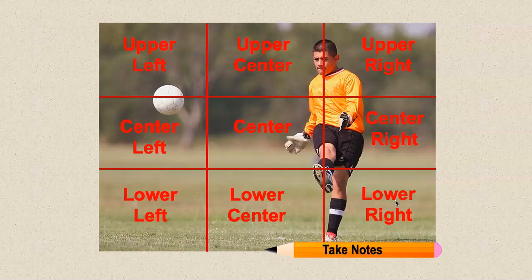Then you need to add to each section that it's either on the left, the middle or center, or the right side of the picture. So I have two words describing each section, except for the dead center, which we're just going to call center.